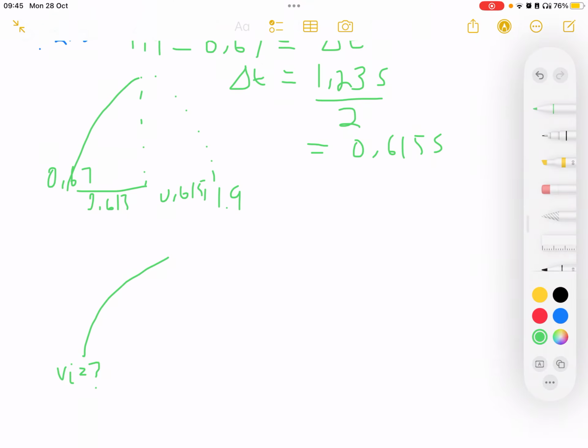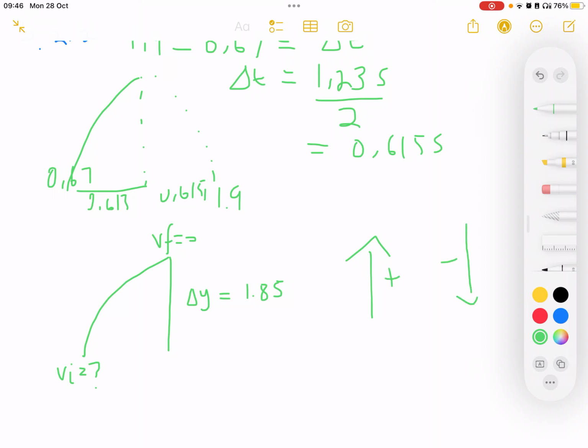So we go back to delta y, which is 1.85, and we are at v final, which is equal to 0, and we know we are going up, so up will be positive and downwards will be negative.